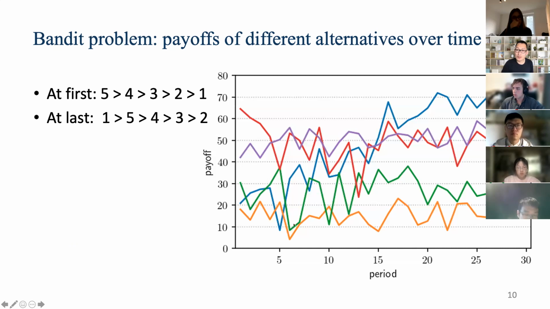Alternative 1 was the worst outcome, or close to the worst alternative, in the beginning, but over time it actually gained some advantage. I don't know how many of you noticed that the underlying distribution, or the relative expected payoff, of the different alternatives actually changes over time.